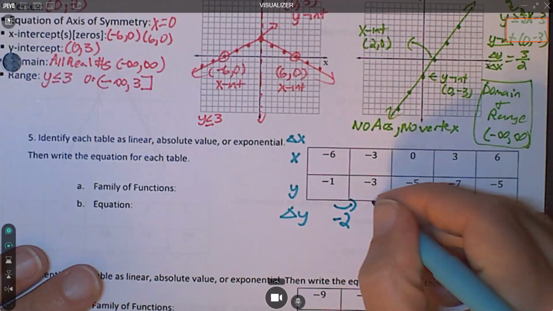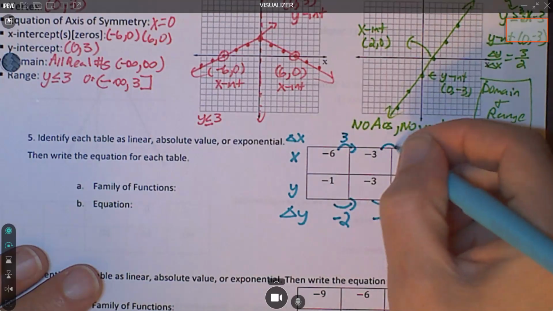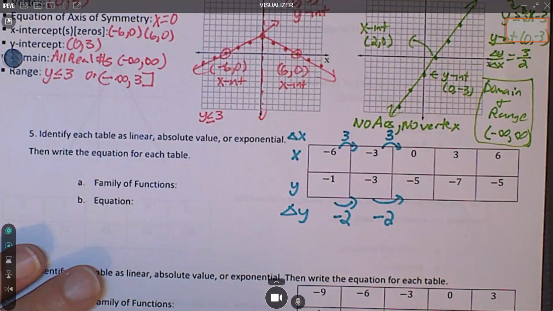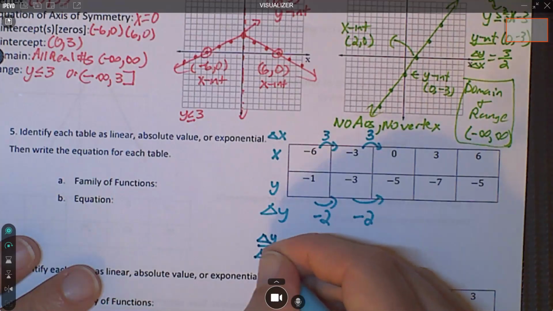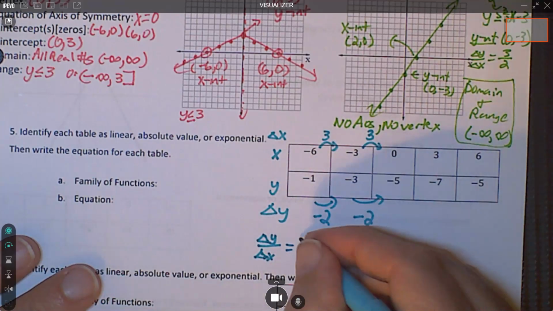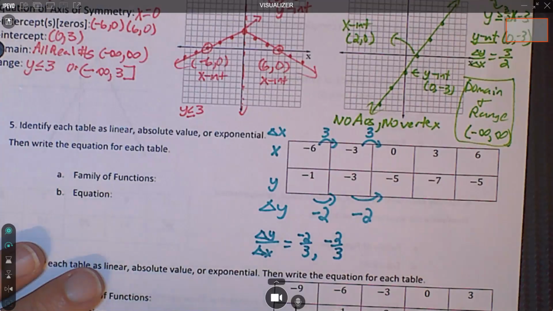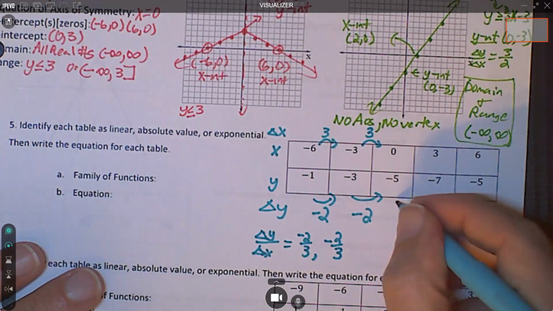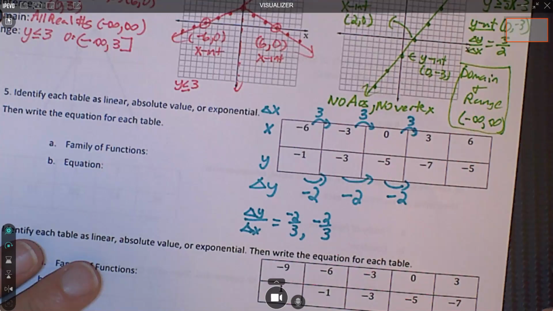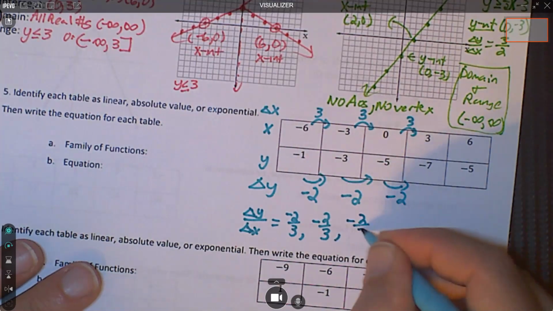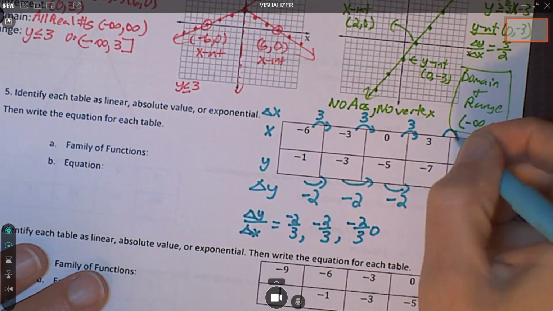So down 2, change in x is 3, 3. Okay, here, another -2 over 3. That went up 2, up 3.